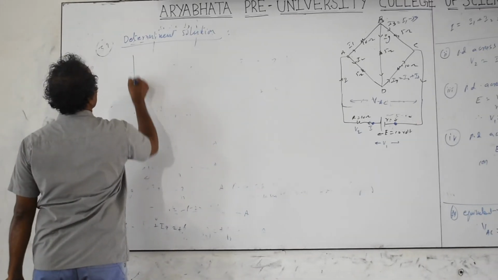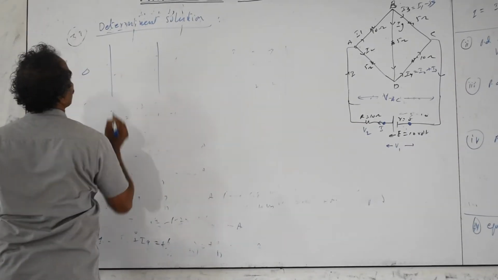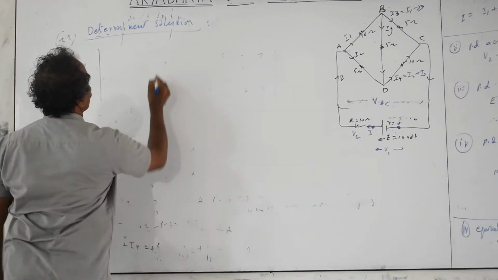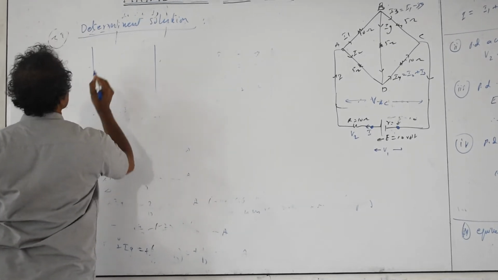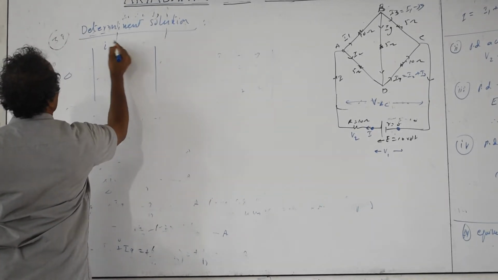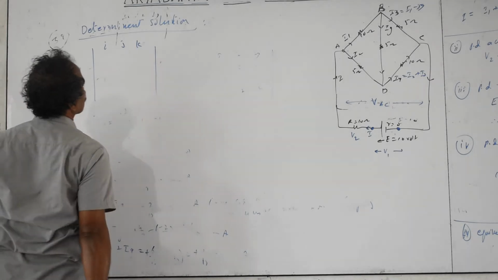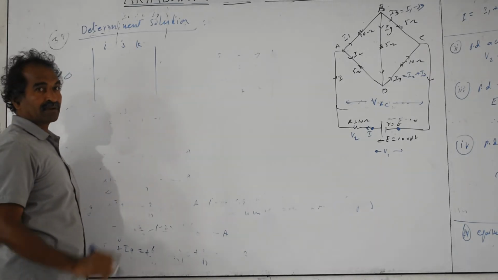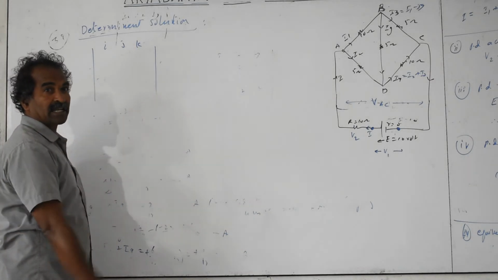So we are given a determinant like this, delta. For example, I will use the I, J, K terms. We will get the same relation for the vector calculations separately.